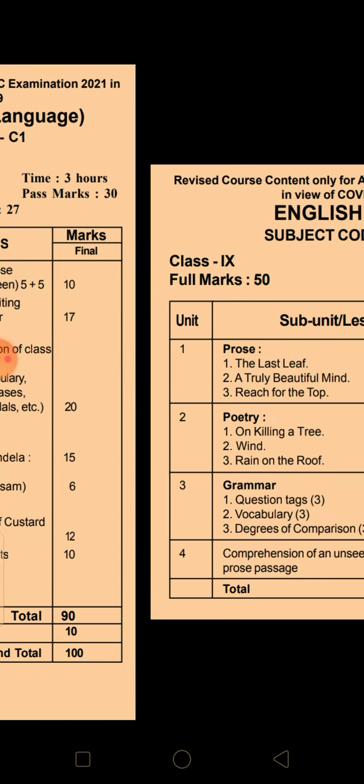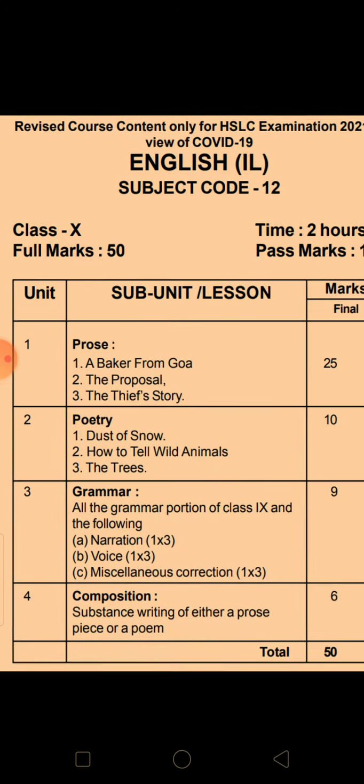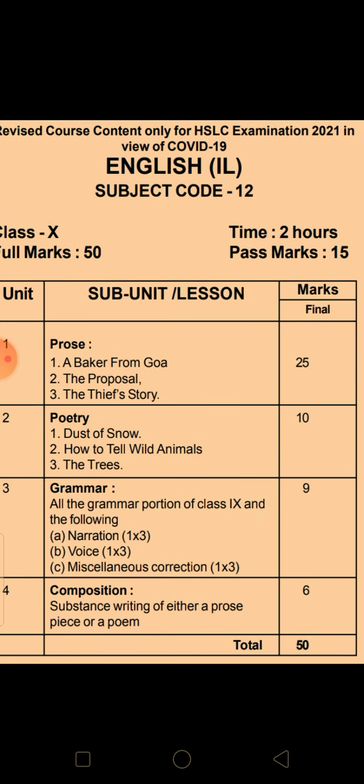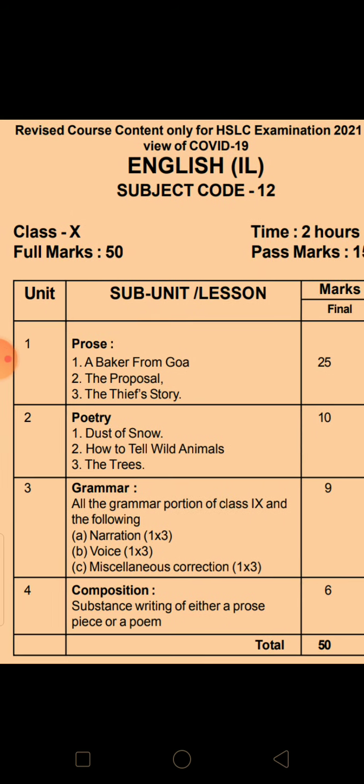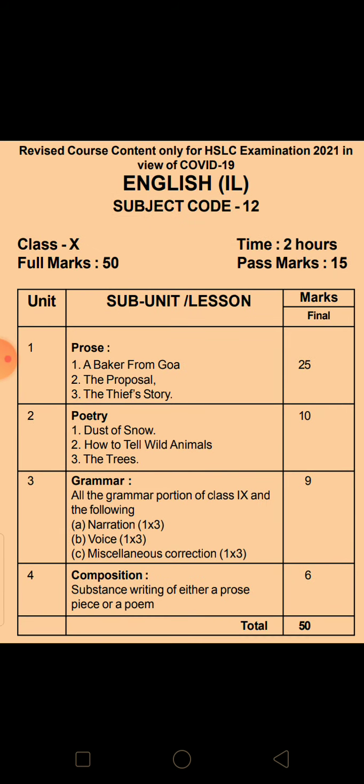But then you have to move on to your English IL, which is this one, class 10. The prose section would be A Baker from Goa, The Proposal, and The Thief's Story, which carries full marks of 25. So 3 prose sections are important there, and you would need to study them because this is what the questions would come from for your HSLC finals.